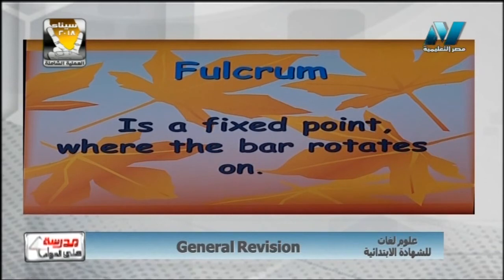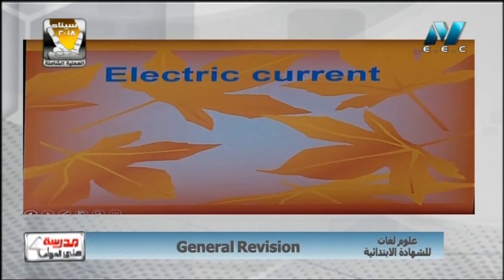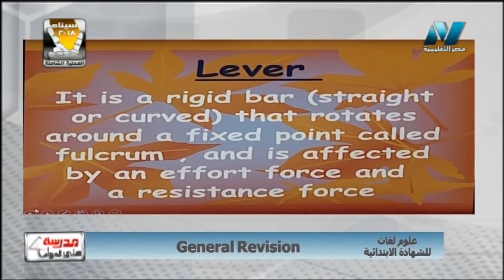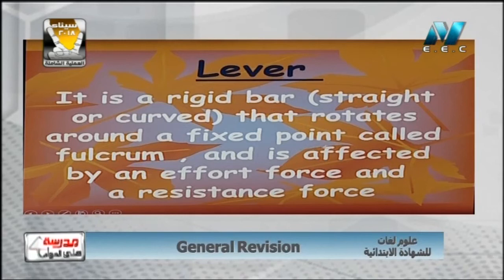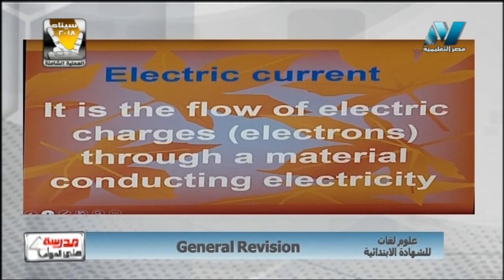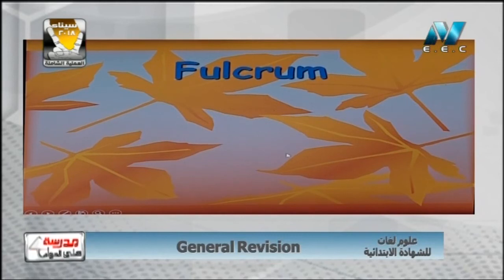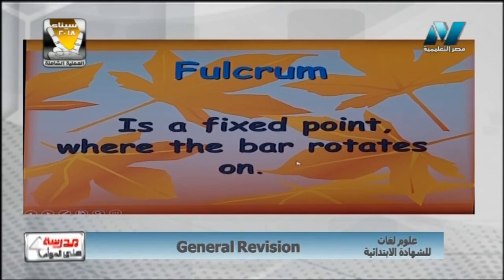Let me go back to the first definition. The levers, as we see, rotate around a fixed point called fulcrum, which we said in the definition of the lever. So when asked what is meant by fulcrum, as a part of the lever, it is a fixed point where the bar rotates around or on. We have three main points: fulcrum, resistance and force, or the effort force.